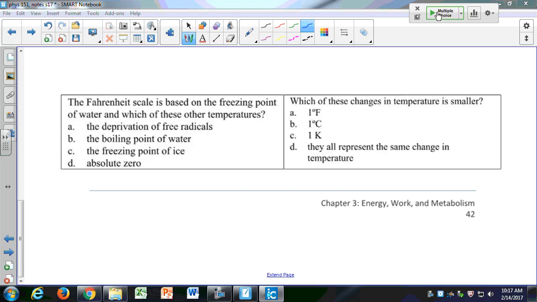All right. Let's try this next one. Which of these changes in temperature is smaller, or do they all represent the same change in temperature?